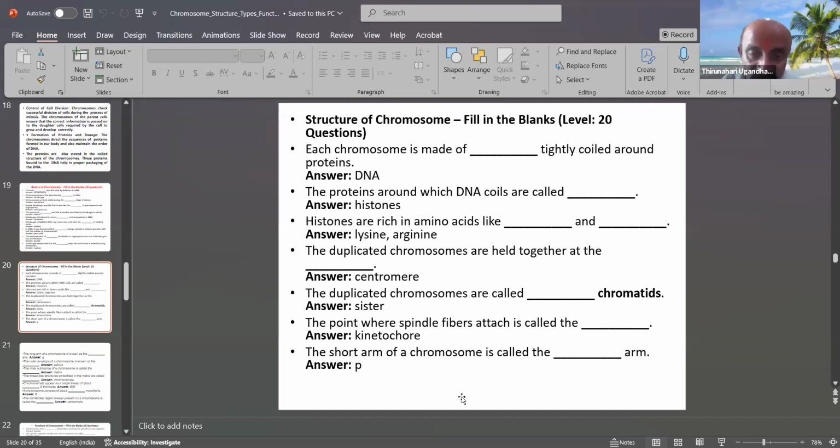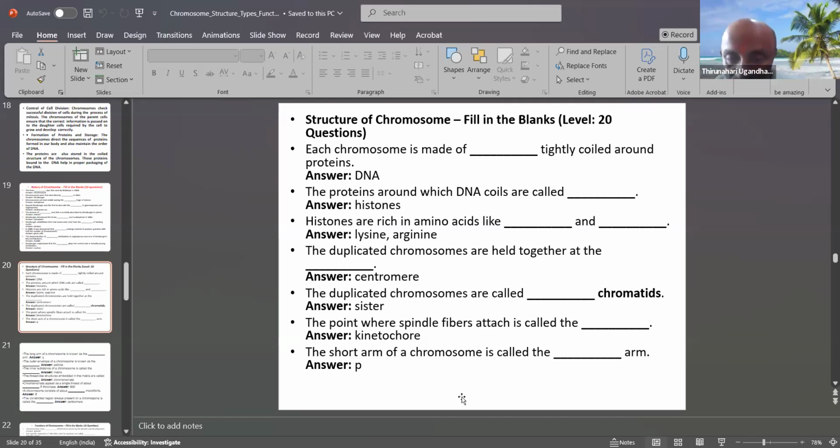Histones are rich in amino acids like lysine and arginine. Histone is one type of protein which is rich in these two components, lysine and arginine.